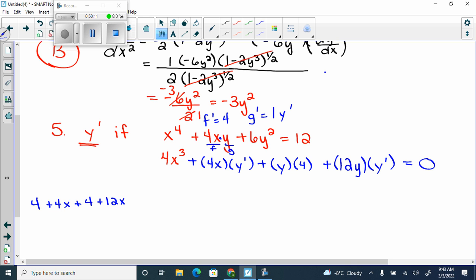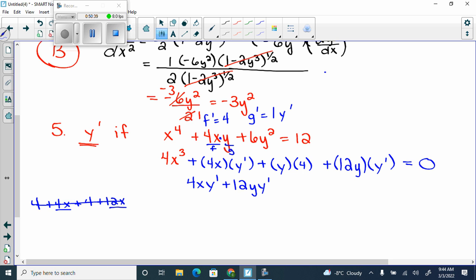What would you have to do first? Combine the ones that have the x's, correct? So what are we going to have to do first? Combine the ones with y's, y primes. However, they're not the same, right? So when we combine them, we literally just write them side by side. So we're going to go 4x y prime plus 12y y prime. I can't put them together because they're actually not the same term.